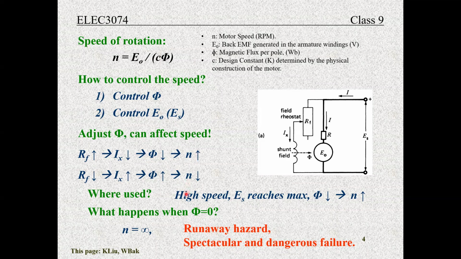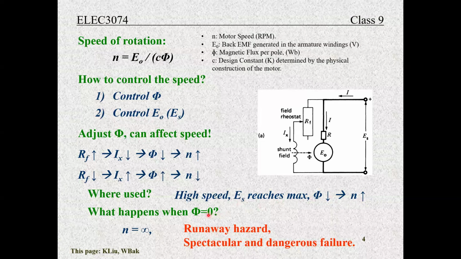Well, what happens if, when we have the high speed, then the supplied voltage reaches maximum. When that happens, the magnetic field per pole is going to go down, which means it's going to increase the speed.